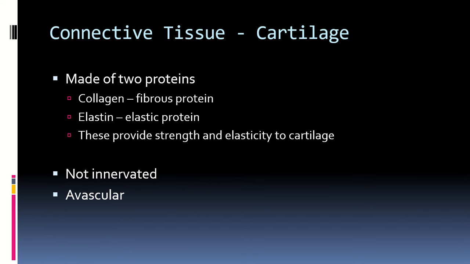Essentially, if they need any materials, those nutrients or materials need to slowly diffuse into the cartilage, which takes a long time, which is why if you damage something that has a lot of cartilage in it, it takes a longer time for that connective tissue to heal, because there aren't veins or arteries to quickly bring those nutrients, those reparative materials into the cartilage. There's no vascular system.